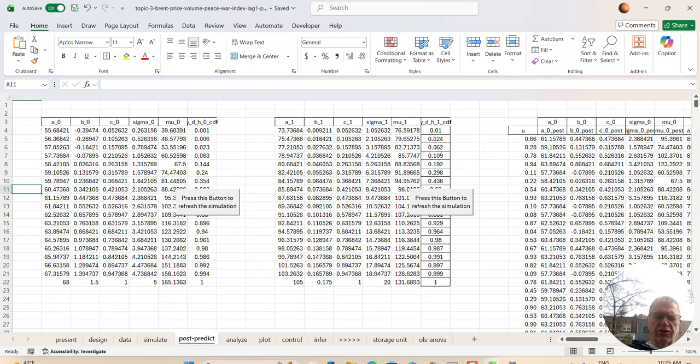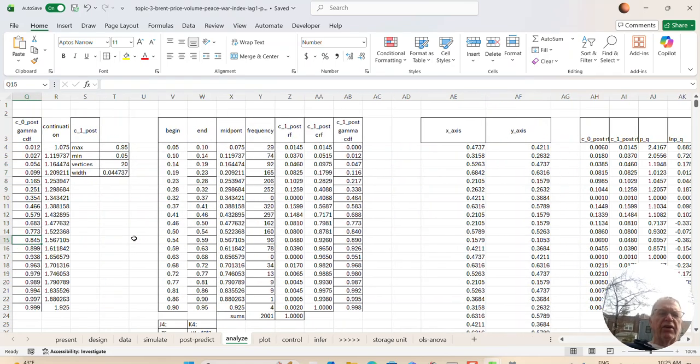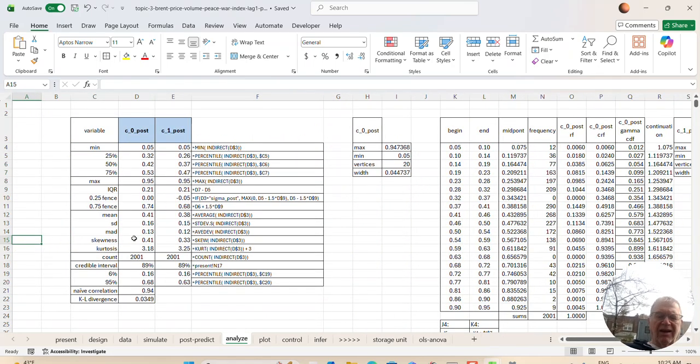This is all post-prediction. Okay, we use all of those to do an analysis now. Now this is the analysis built on top of the post-prediction. We're using C1 here. This is fed, as you can see, from the user. The user chooses this comparison to produce.